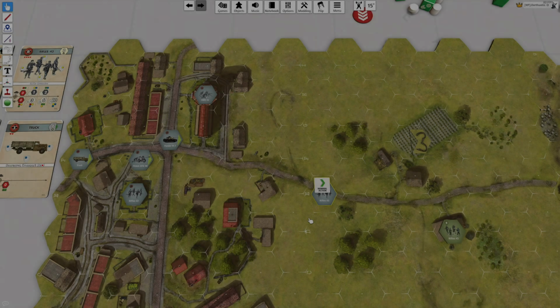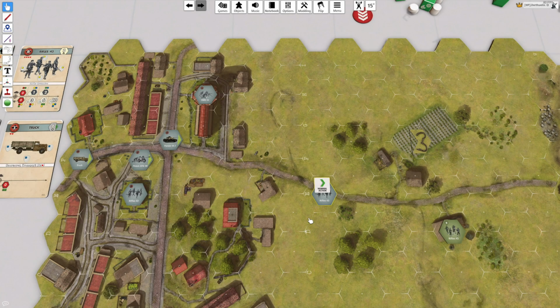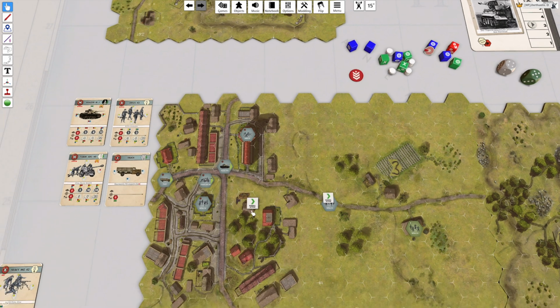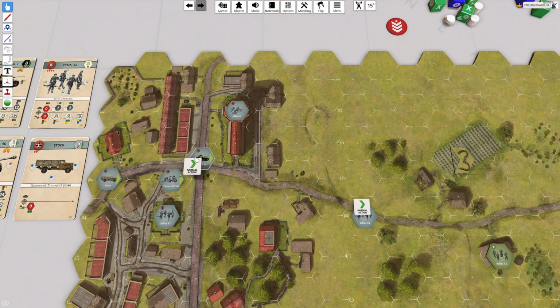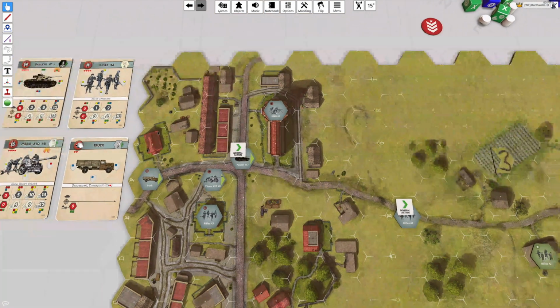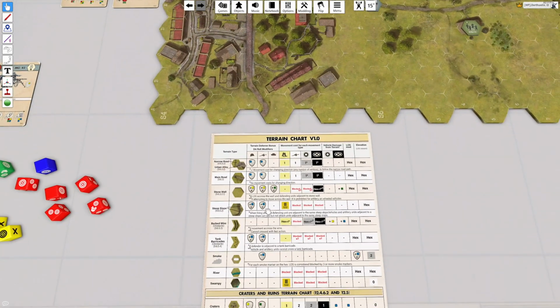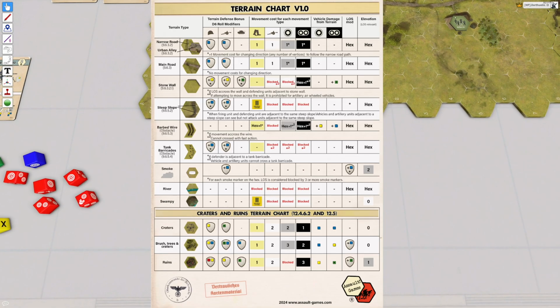If you do this with a vehicle, you of course have to activate. I want to move with my Panzer 3J. I have a movement allowance of 3, and I will check again on the road. I have tracked movement, and I have an asterisk. The asterisk says that for the main road there is no movement cost for changing direction.